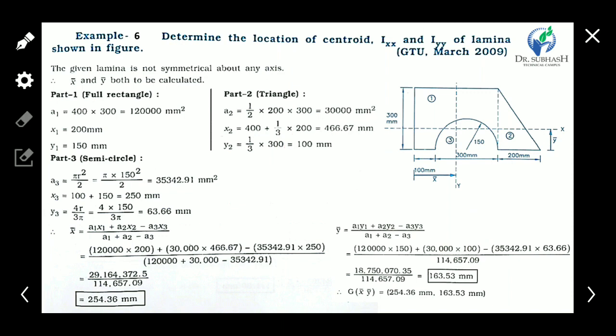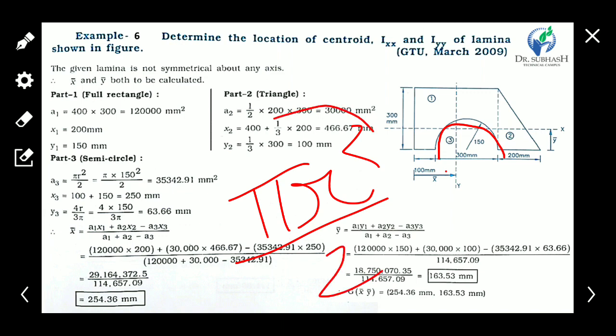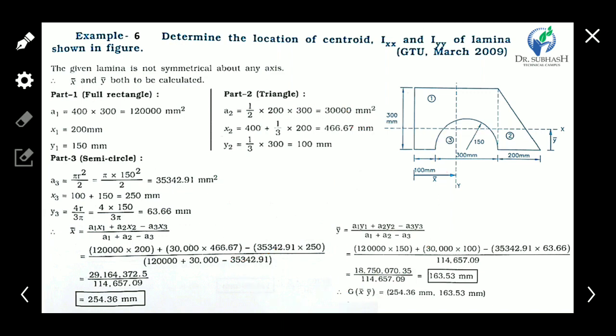Okay, now go for the semicircle. The total area of a circle is pi r square, but here it is a semicircle, so divided by 2, pi r square by 2, and the radius is half of 300, so 150, so 150 square, and finally we get the value of area for the semicircle.